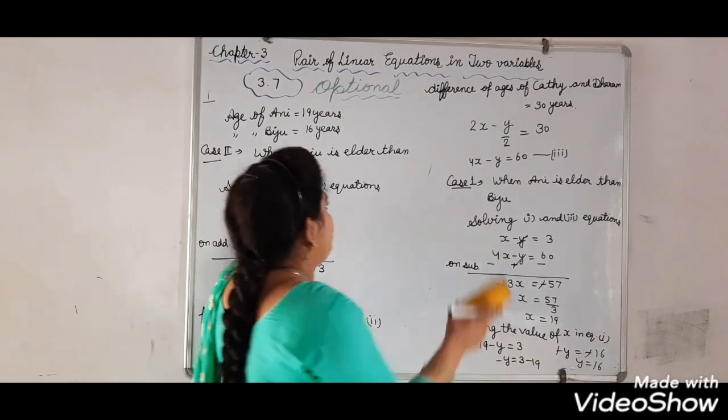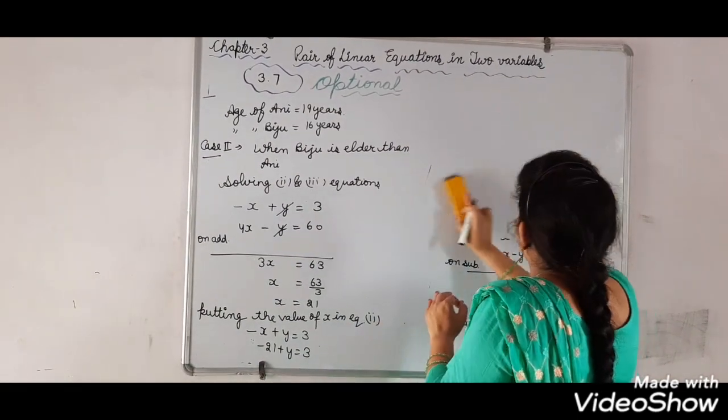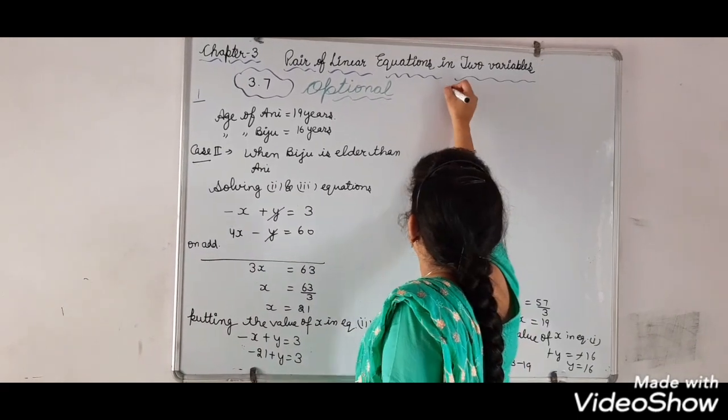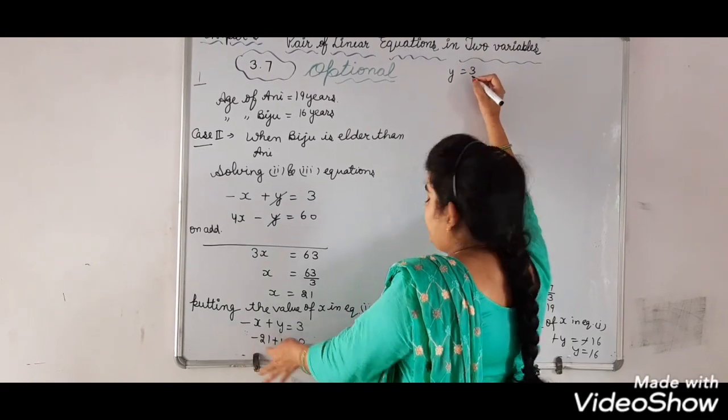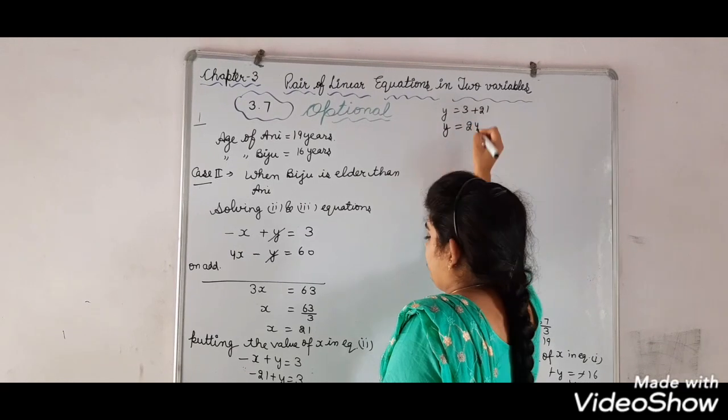From here we will get the value of y. So y is equal to 3, this minus 21 will become plus 21. y is equal to 24.